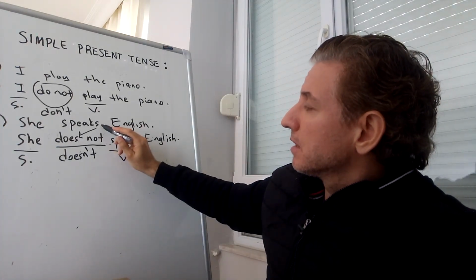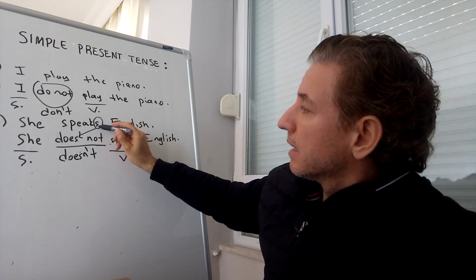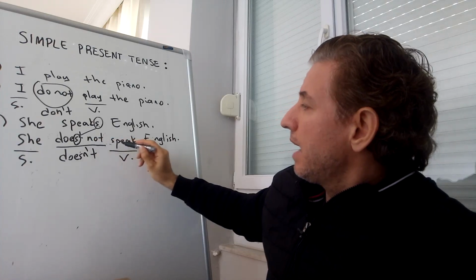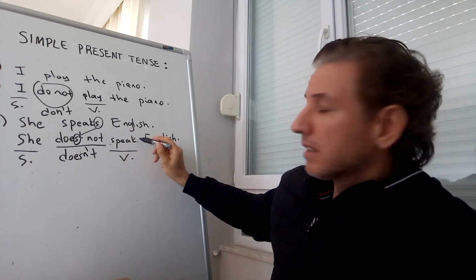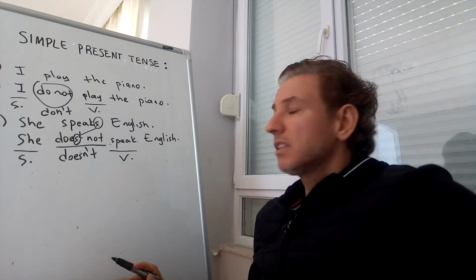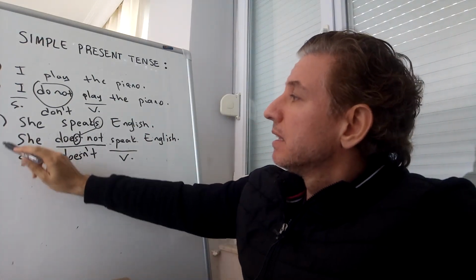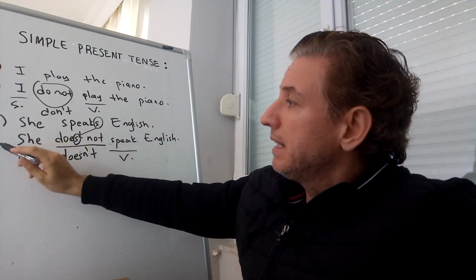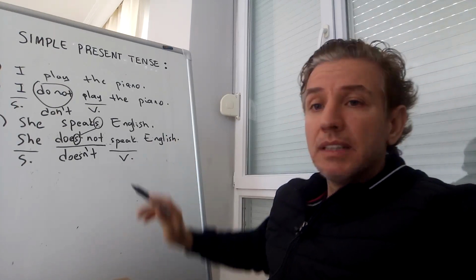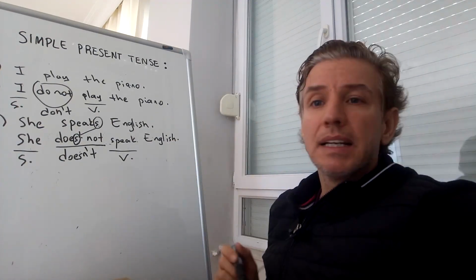From the first sentence, we take S from here and put it here, and the verb is used here without S, okay? So, she speaks English in an affirmative sentence, but in a negative sentence, she does not speak English, not speaks, okay?